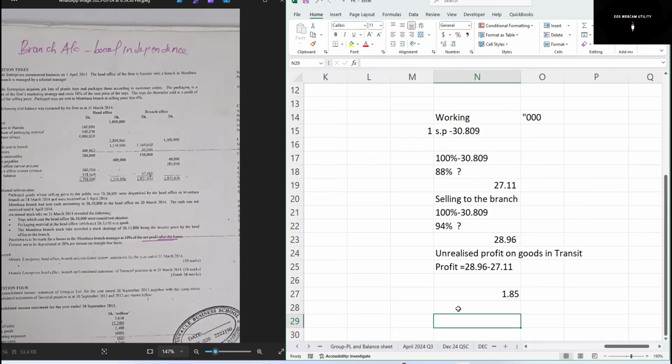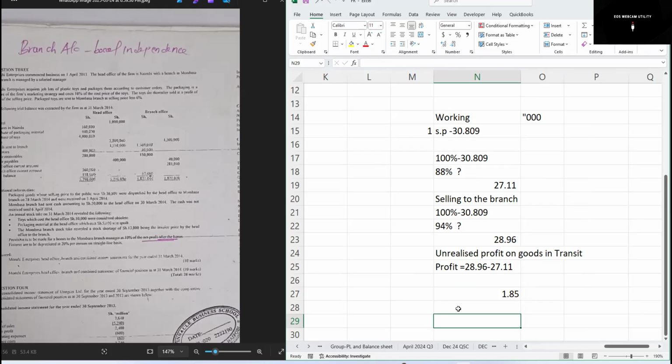It will be just an expenditure like the others. And then packaging material at the head office, which cost 5,000, was spoiled. That one also will be an expenditure. The Mombasa branch stock take revealed a stock shortage of 13,000, being the invoice price by the head office to the branch. So that is also an expenditure.